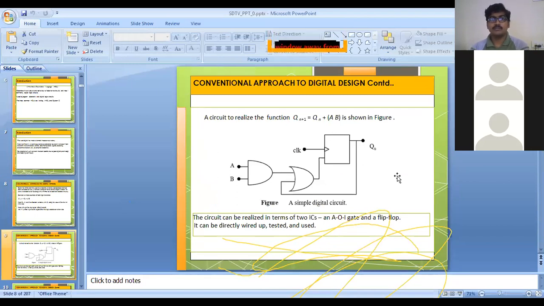So see here, for the same equation, you can draw the circuit like this.